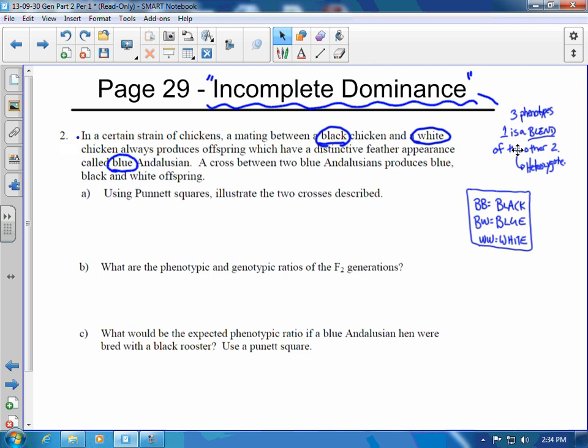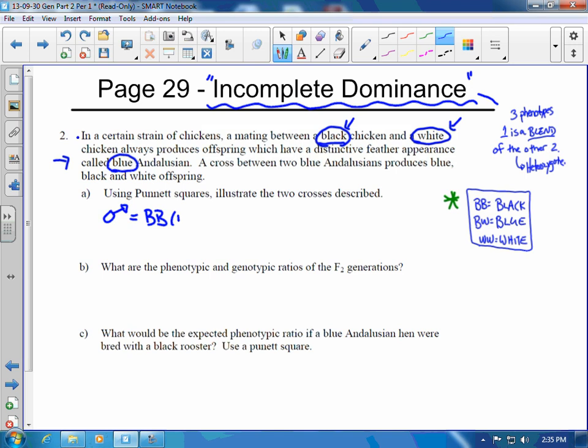Move this over. So, using Punnett squares to illustrate the two crosses above. If we have a black chicken mating with a white chicken, are we always going to produce blue? Well, using this as our legend, I'm just going to imagine that there's a sign for a male, and we're going to pretend that there's the black one.